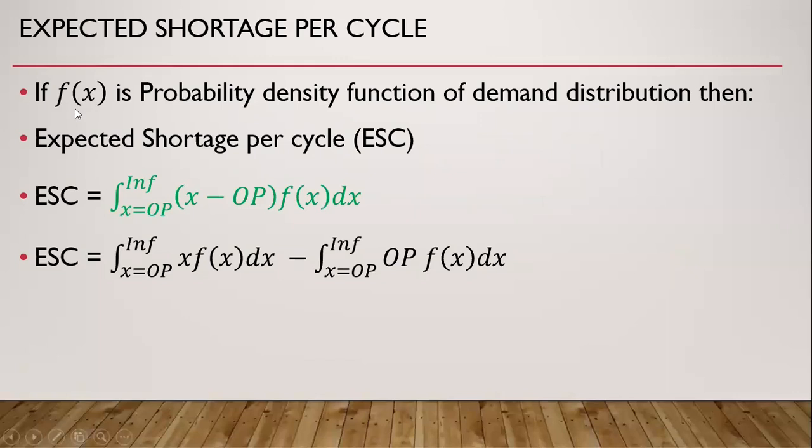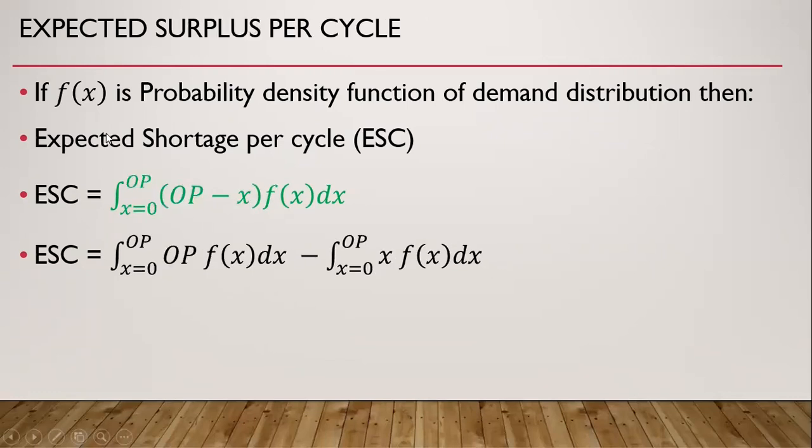If this function is the probability density function of demand distribution, then the expected shortage per cycle is defined as the integration, from order point to infinity, of the difference in these two entities. And this is solved to this. So this is how we calculate the expected value of shortage per cycle.